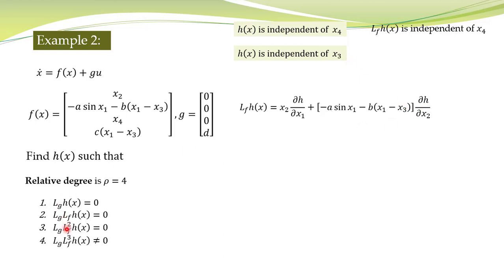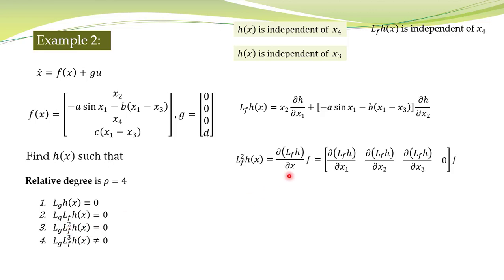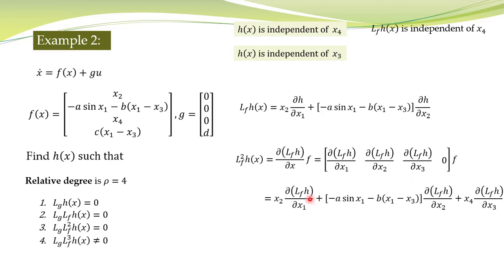So we need the second Lie derivative of h of x along f of x, that is given over here, and again after multiplication you have this expression. We have simply multiplied this vector with f of x over here, and then we compute this condition, and after computations we have this expression. So what is the implication of this statement?